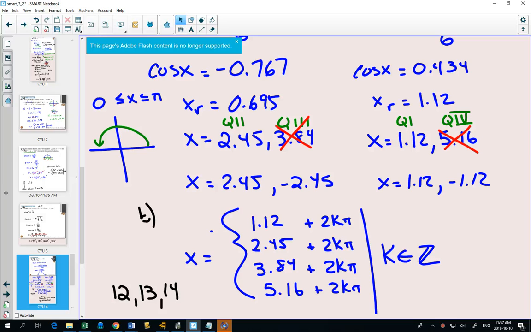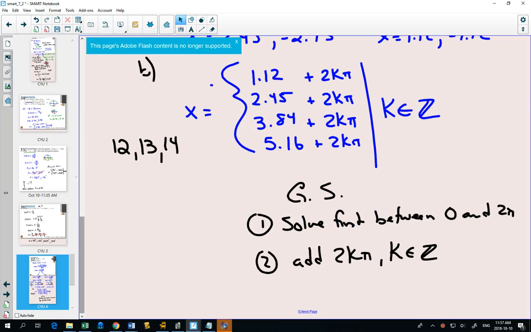But then if you used the general solution and used those, you would get your general solution wrong because you would miss some answers. So for our general solution, if we solve between 0 and 2 pi, we get all of our angles in one time around. And then adding 2k pi to those will give all of the coterminal angles with those. Excellent.